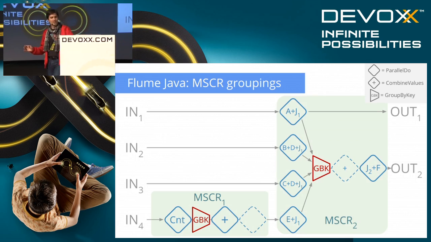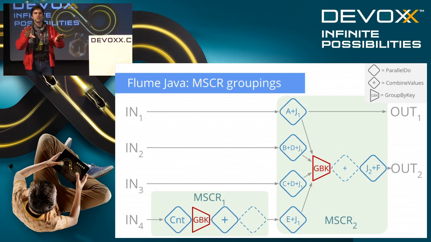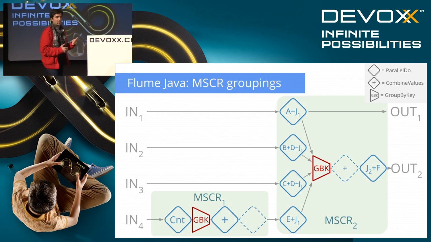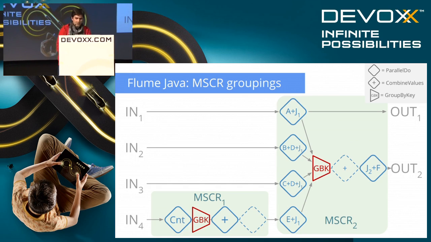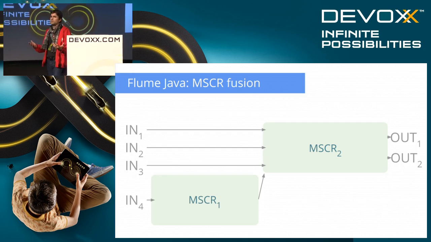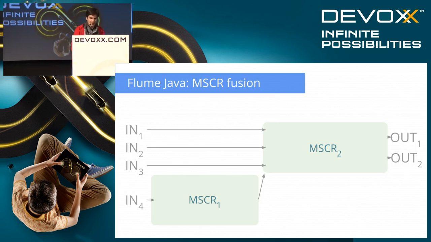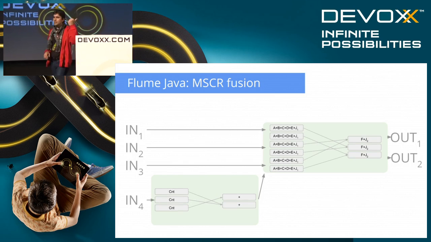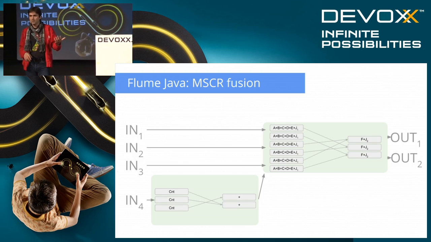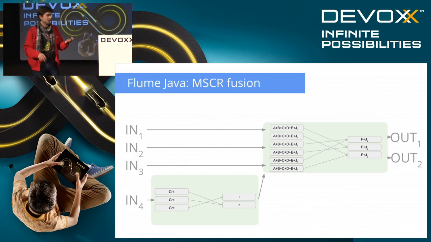Lo and behold, here are my two MapReduces generated from this graph. So in the end, this is what my execution will look like. Two MapReduce steps with 4 inputs and this graph topology. And just to make it real, here are the actual machines that this will be executed on.